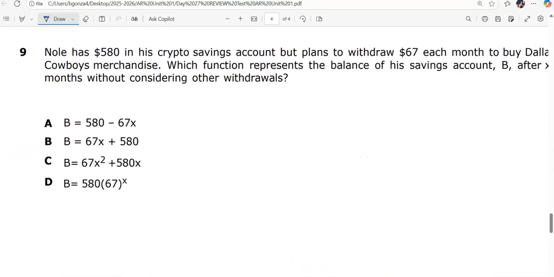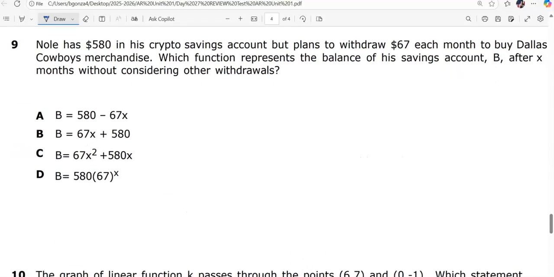All right, number 9. Noel has $580 in his crypto savings account, but plans to withdraw $67 each month to buy Dallas Cowboys merchandise. Which function represents the balance of his savings account B after x months without considering other withdrawals? This is another one of those word problems. We're talking about one thing, money in the bank.